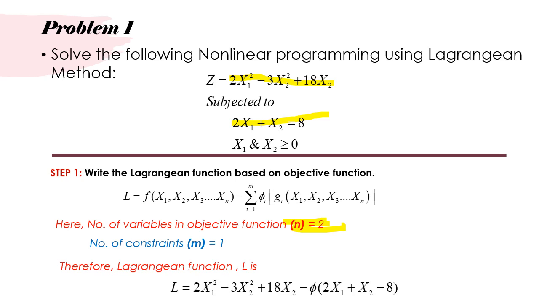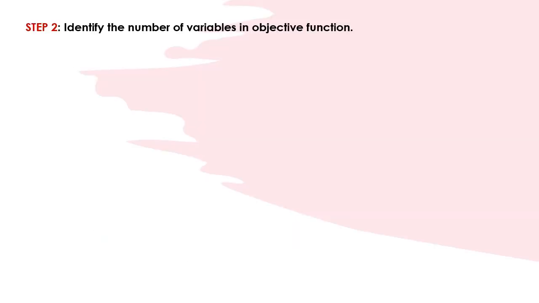I don't have more than one constraint, so I will consider it as phi times 2x1 plus x2 minus 8. This is my L value. Step 2. Identify the number of variables in the objective function. This we already identified, that is nothing but n. So my n here is 2.